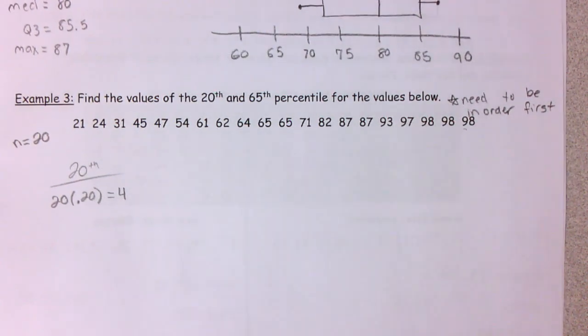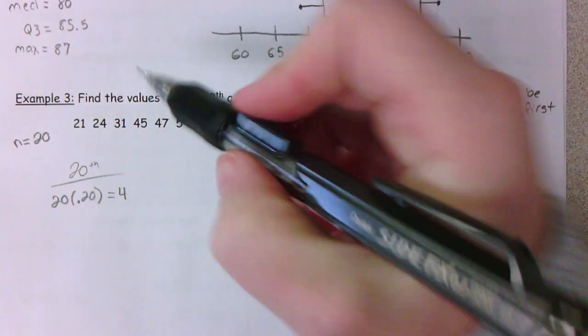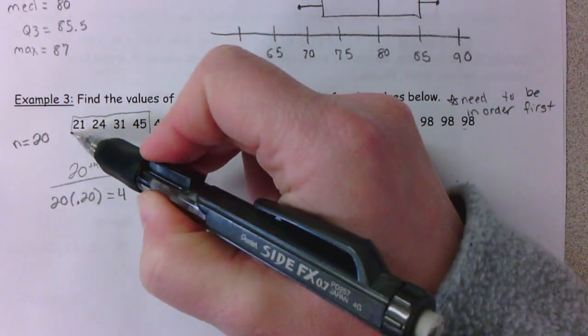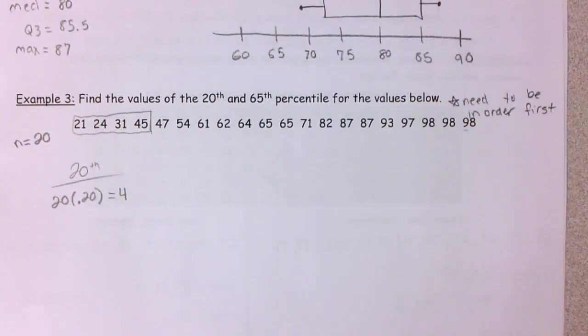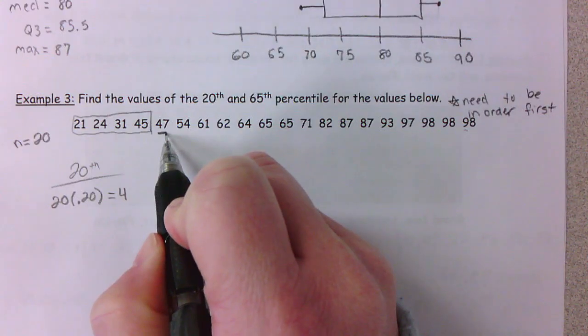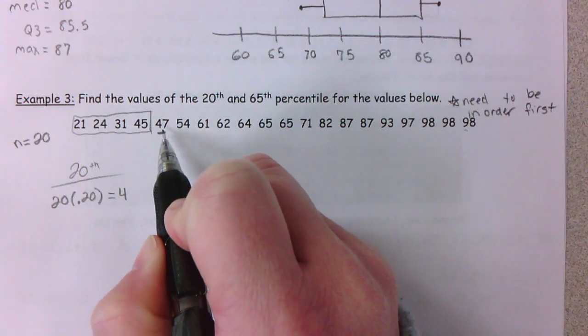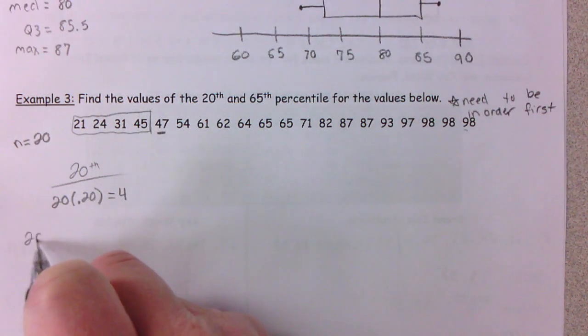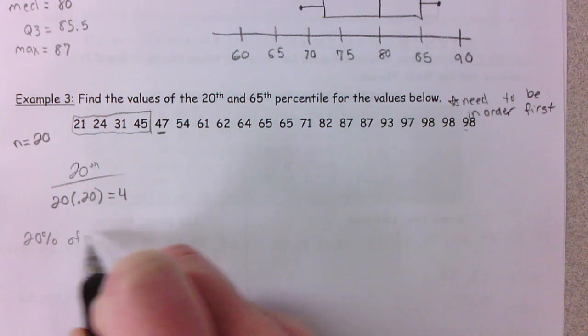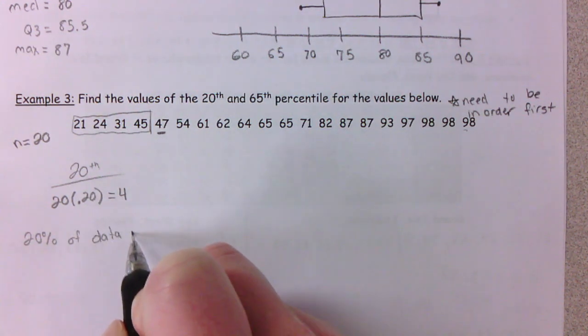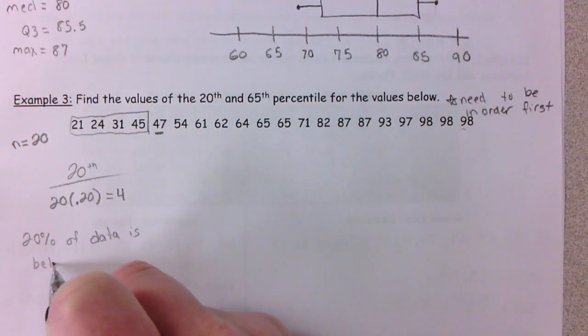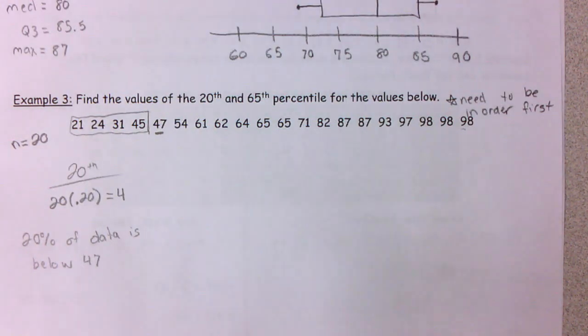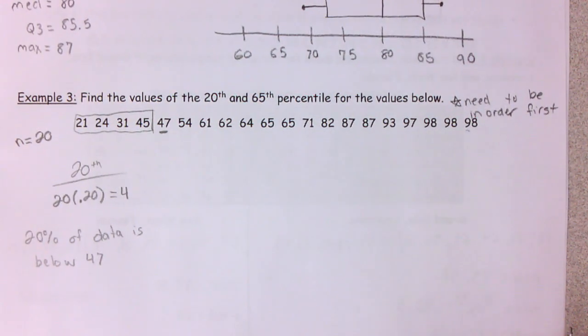So that means these first 4 numbers make up 20% of the data. So what we do is I jump to the next one up, and I say 20% of the data is below 47. Okay, so that's how percentile works. So 20% of the data fell below 47.